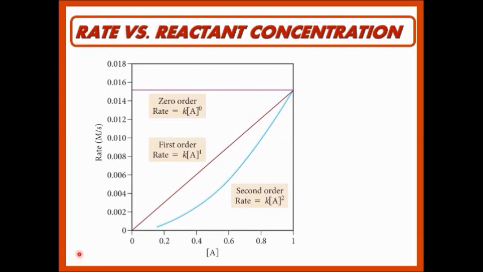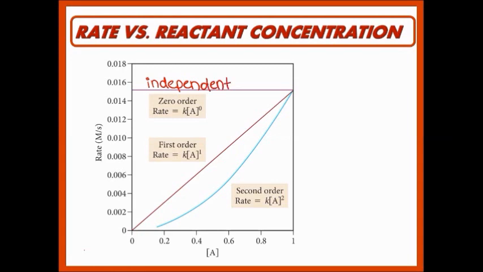For our 0 order reaction, this plot, which plots concentration of our reactant versus the rate of the reaction, shows that regardless of concentration change, the rate remains the same. So for a 0 order reaction, the rate of the reaction is independent of reactant concentration.